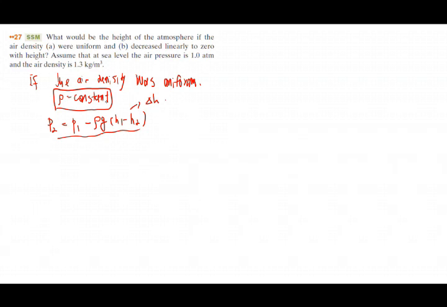So then, if case 1 is that, but case 2 is if the density decreases linearly with the height, then the density profile should be given like this: rho equals rho naught, the reference density at the reference point, times 1 minus y over h.